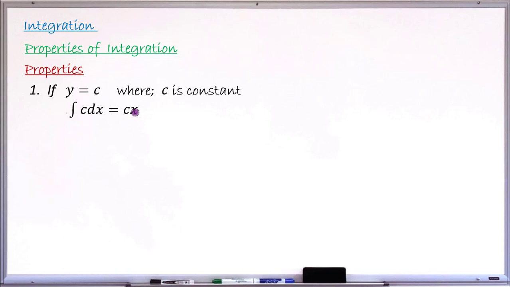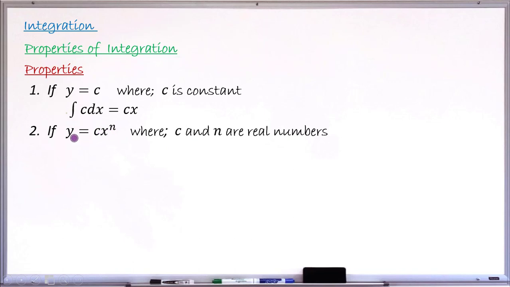Let us take the second property. The second property says if you have the function y equals cx raised to the power of n, in this case, the number c is a real number and it serves as the coefficient of this term with the power n.